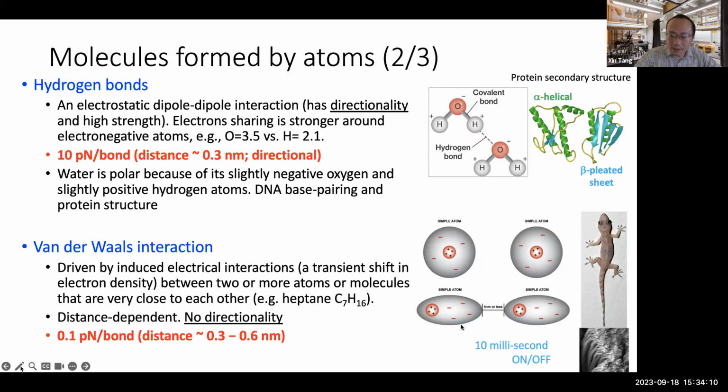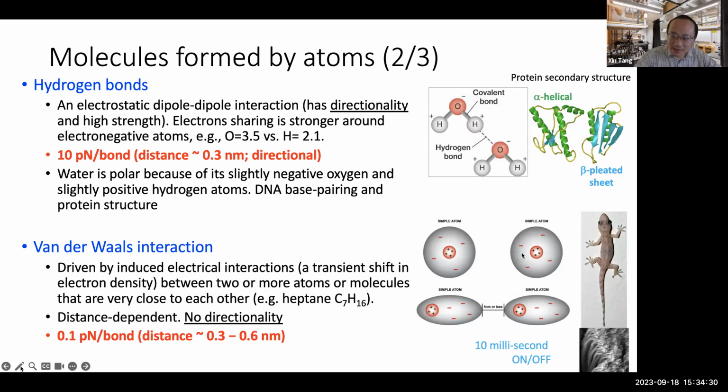Then this atom overall is still neutral. But if you look into its distribution, it is positive on the left-hand side and negative on the right-hand side, right? So it has a polarity within itself, although overall it is neutral.